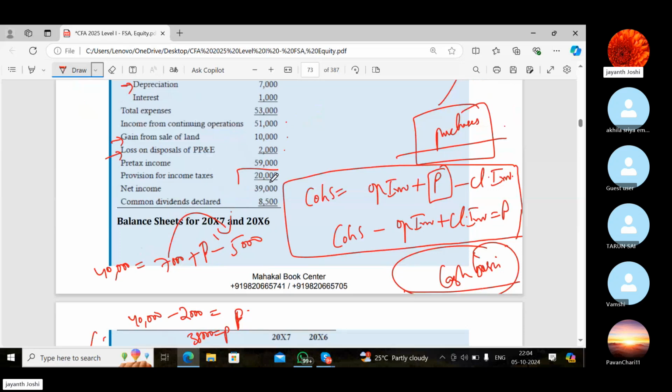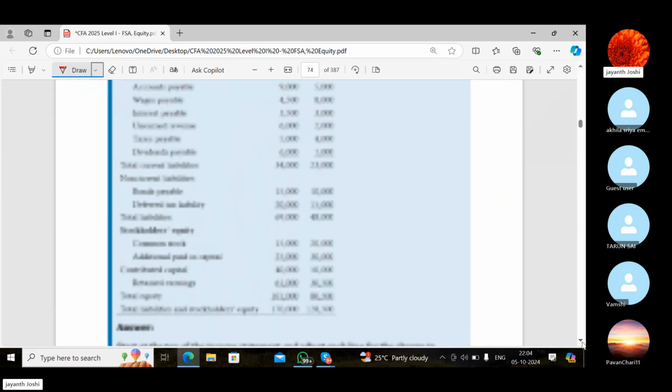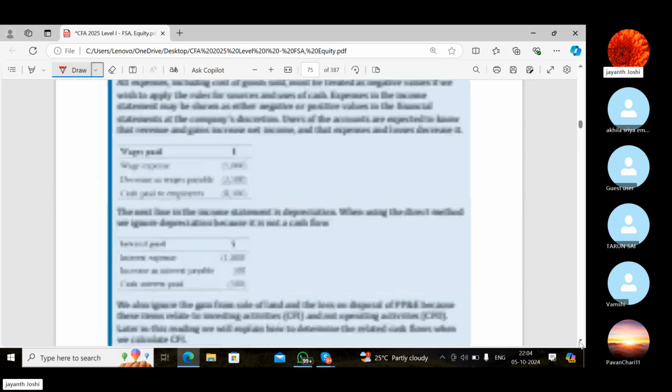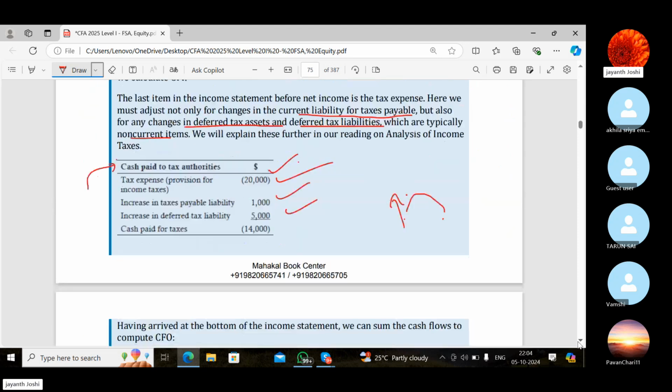Provision for taxes, in the sense that this much we have made a provision and we need to pay. And then liability has increased. That means we did not pay cash. Deferred tax liability has increased. We did not pay cash. So cash paid for taxes is this much after adjusting.